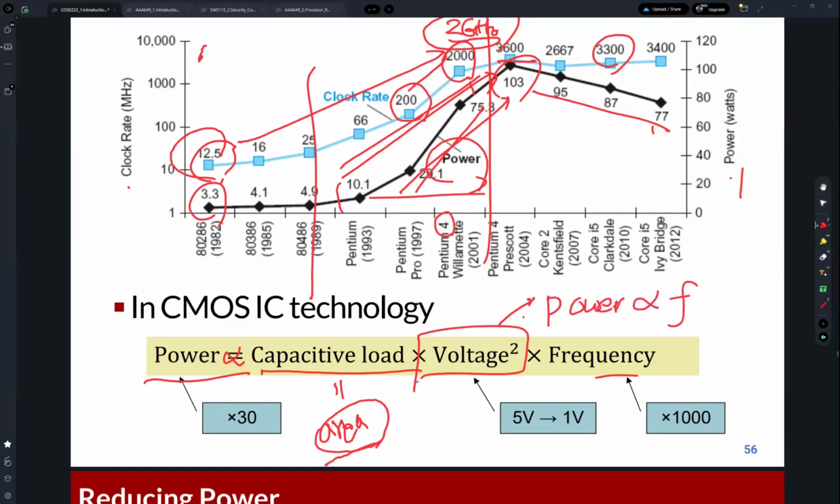Power is proportional to the cube of the clock frequency if we use the same semiconductor technology, because the supply voltage is proportional to the frequency. If we are interested in desktop computers, we can increase the performance of the CPU by overclocking. So what is overclocking?